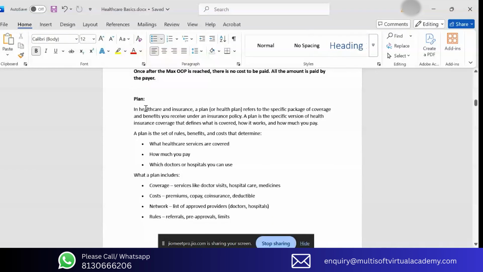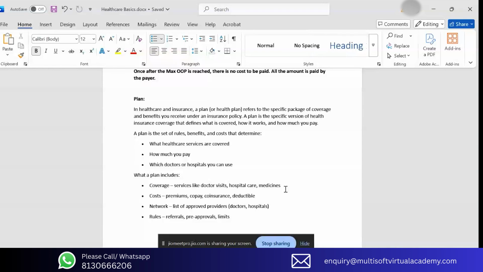Yes, plan is again a health insurance term, where it is like a specific package that you can avail as per your needs. Suppose in your home, elder persons may be there, 60 plus, 70 plus. They might need a cardiac service, or they may need kidney related services, or lung. So depending upon that, you'll be able to choose your plan.